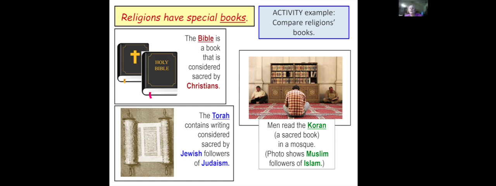Christians have a book that they consider sacred as a guide, but Jews, people who follow Judaism, have a different book called the Torah, which is in part different from the Bible. And if you are Muslim or a follower of Islam, the really sacred book in your life is called the Quran, which usually is written in Arabic.